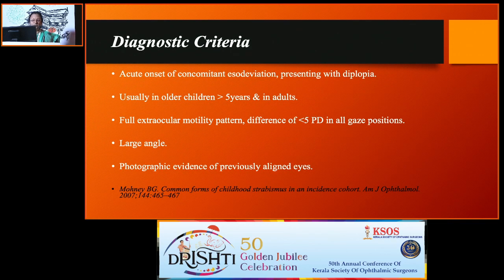So if you have a history of acute onset of concomitant esodeviation presenting with diplopia in older children, with full extraocular motility and a large angle squint, with photographic evidence of previously aligned eyes, make a diagnosis of acute acquired concomitant esotropia.